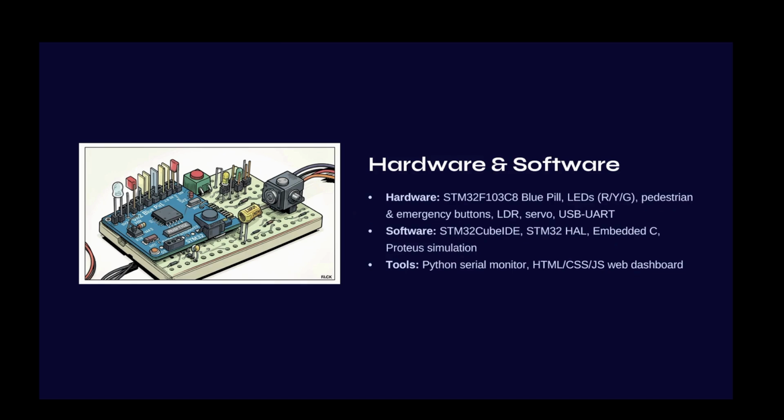The third section is the output section. This includes the traffic LEDs, pedestrian signal, emergency indicator, servo motor barrier, UART terminal, and the monitoring dashboard. Everything works together to provide adaptive traffic control.